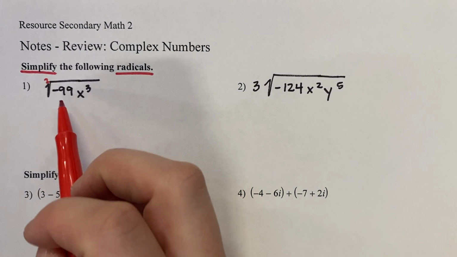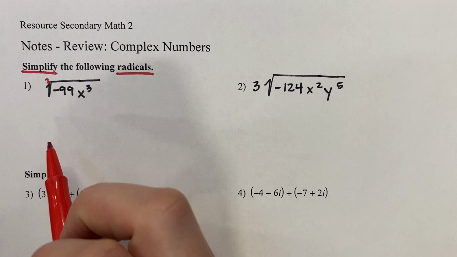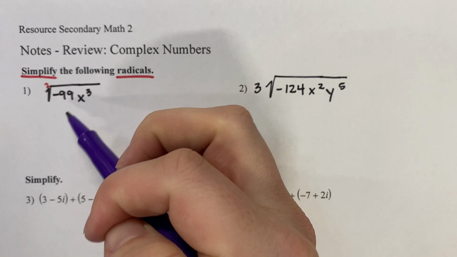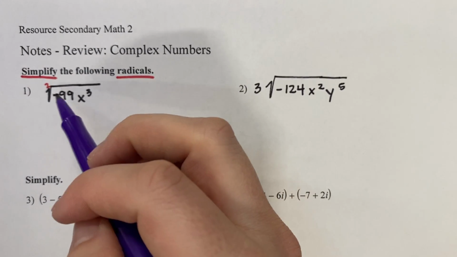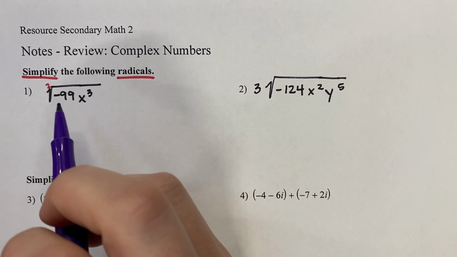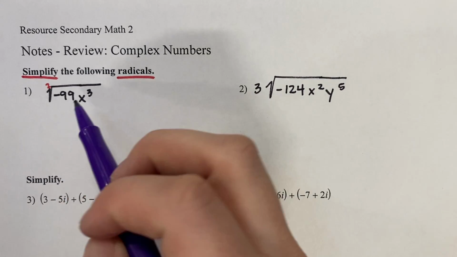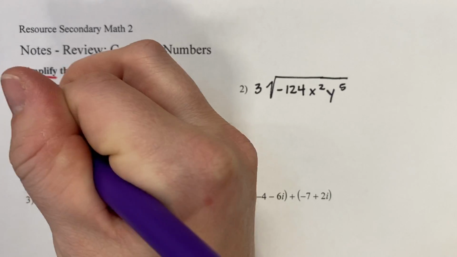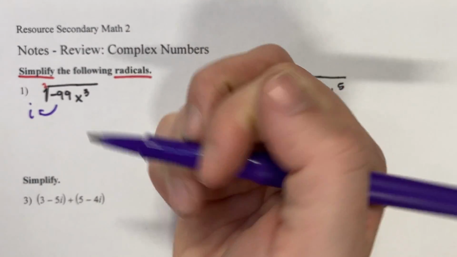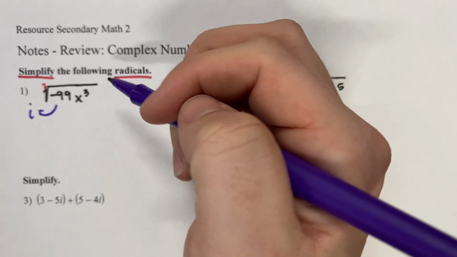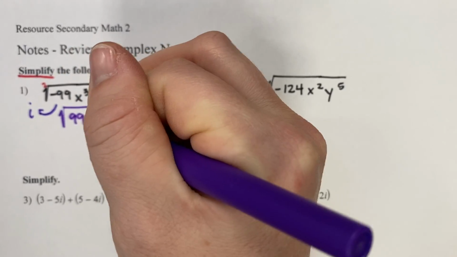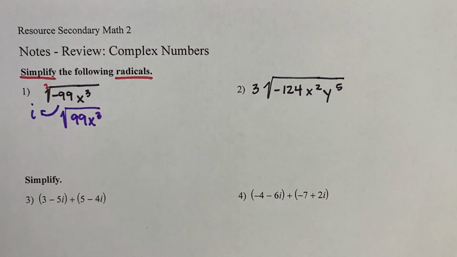We learned in this unit that the negative inside of this radical, this negative 99x cubed, we pull out and turn into i on the outside of our radical.